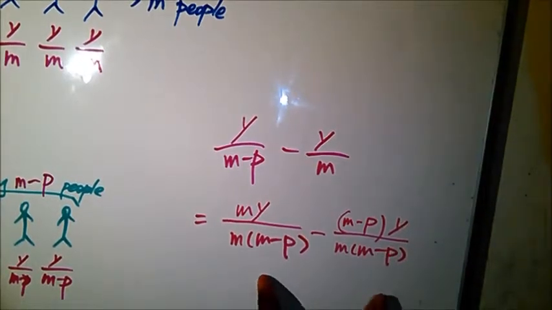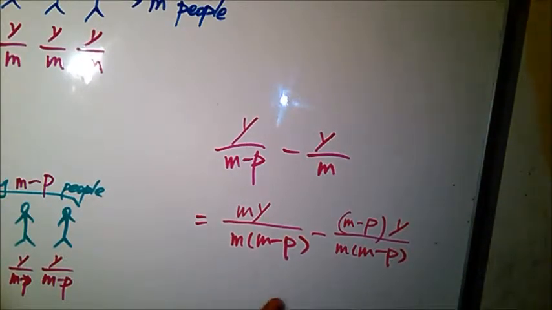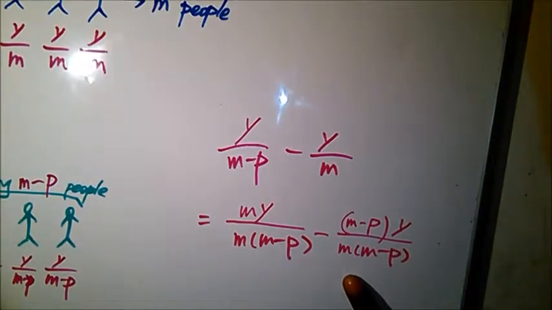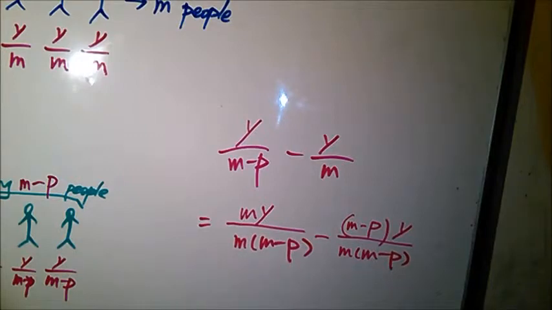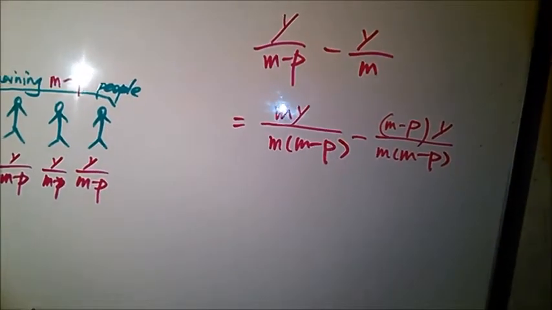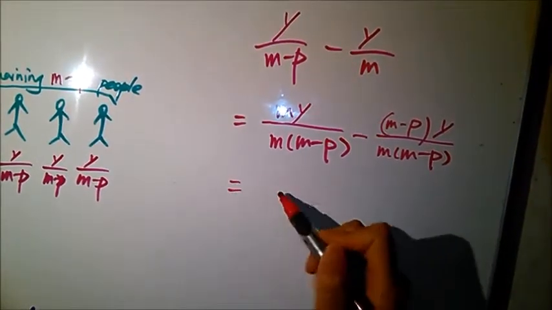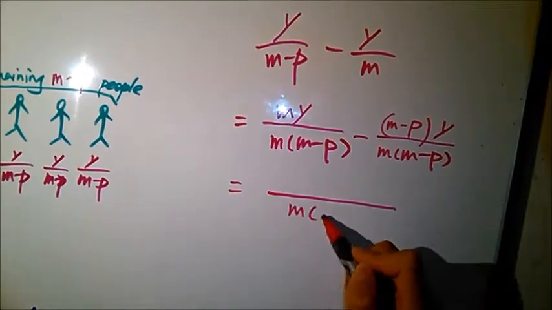Now, since the denominators are the same, what is broken apart can be brought together, and what is together can be broken apart, if the denominators are the same. In this case the denominators are the same, so we can bring them together. Make that connection.